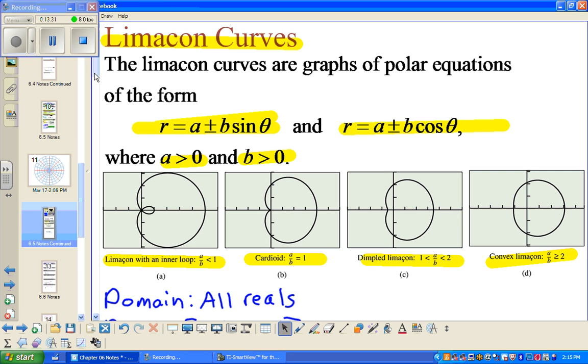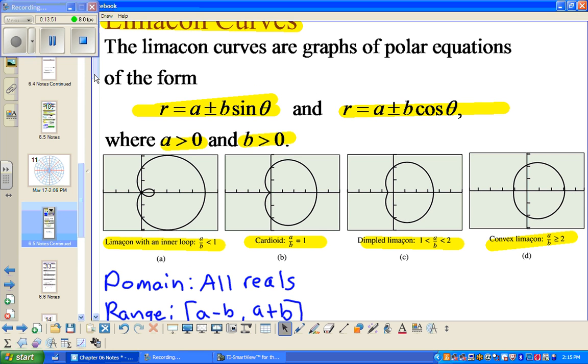I want you to be able to make an accurate graph on paper. So you can use your graphing calculator to help you make an accurate graph on paper. That's what I'm going to be looking for. Not for you to be able to analyze the graphs, but just make an accurate graph on your paper. And be able to manipulate the equations to make these different types of graphs.